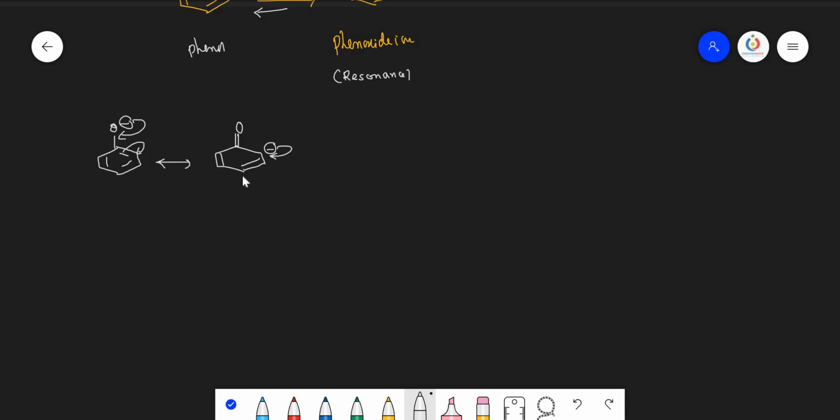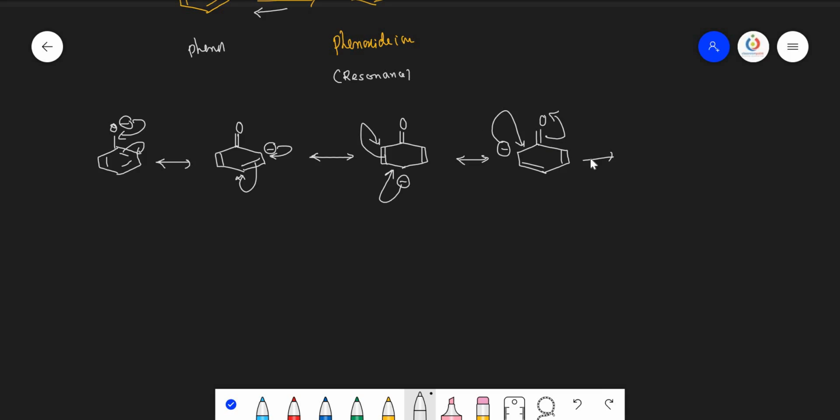Like this, again shifting of these negative charged electrons. So that it comes like this, negative charge is here and the negative charge comes over here, and shifting again to the other position. Negative charge, again it comes here, and finally it goes there.